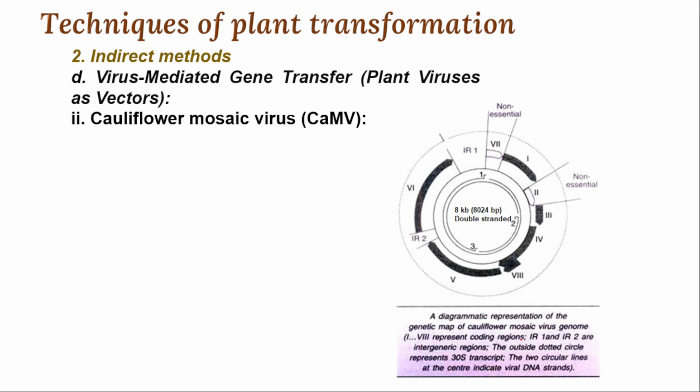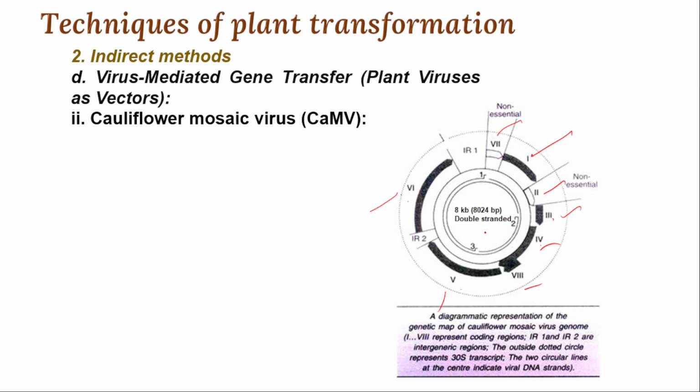If you take the double-stranded circular DNA of the cauliflower mosaic virus, it segregates into 7, sorry, 8 different regions.